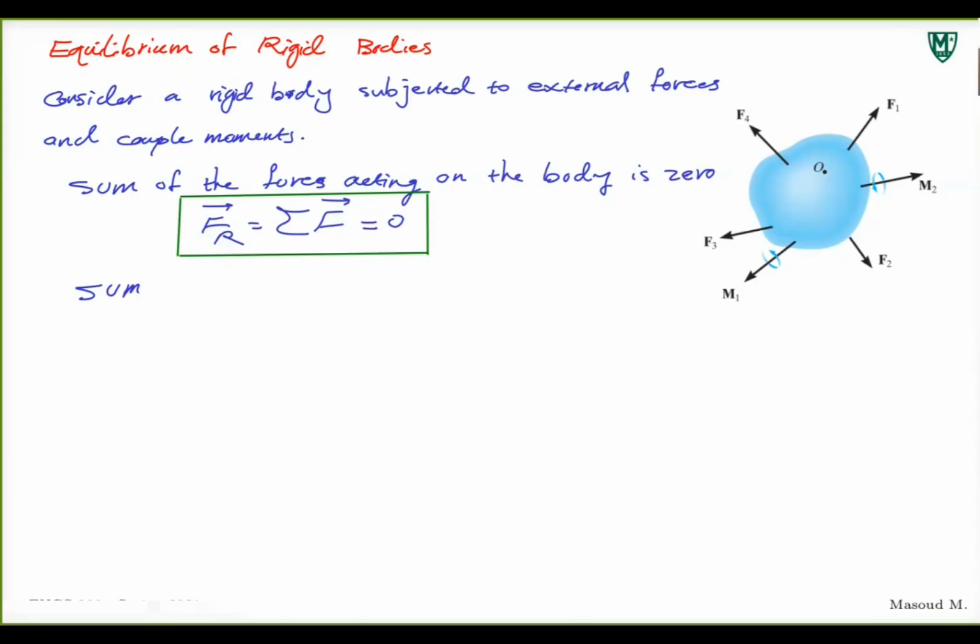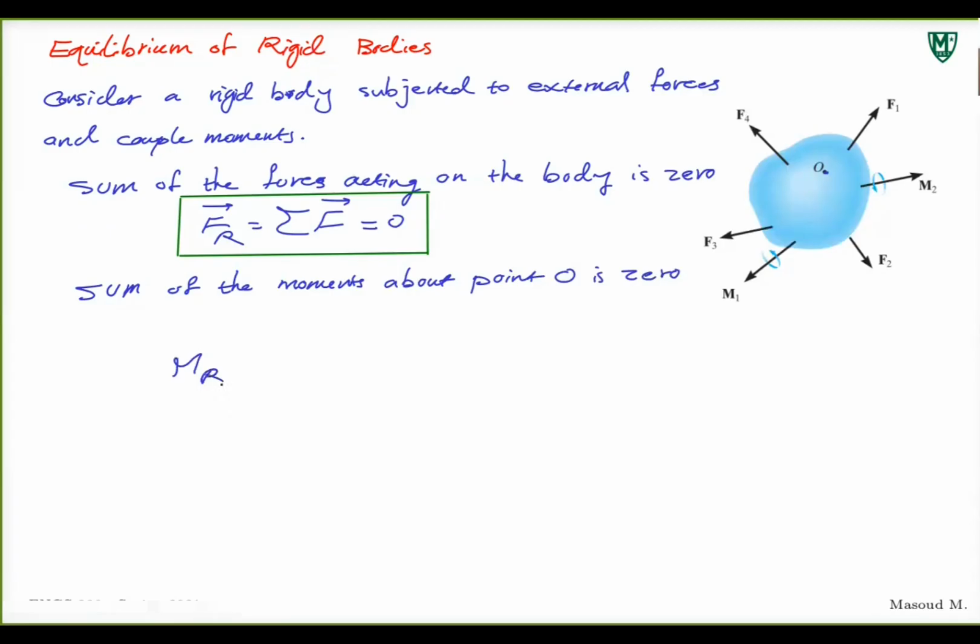Now, added to that, you get something new. That is the summation of the moments about, in this case, let's say point O, but it can be about any point. The summation of moments about point O is also 0.